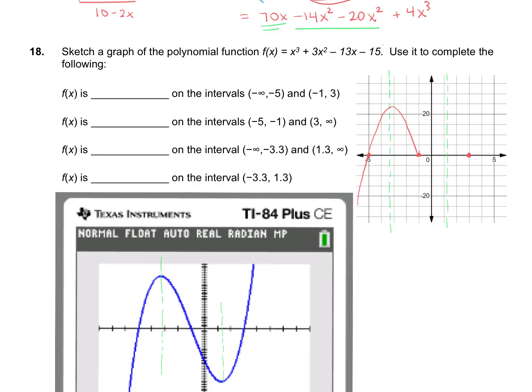I know that this negative 15 right here is your y-intercept, so we're going to cross the y-axis at negative 15. When you get to that other vertical line, we're going to turn and head back up, and there is a sketch of our function.